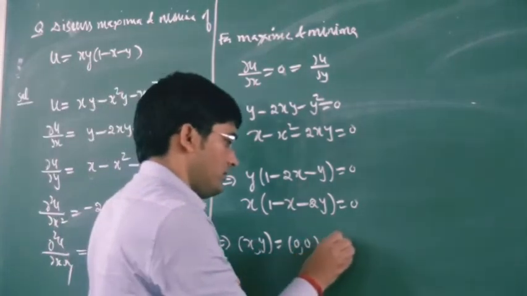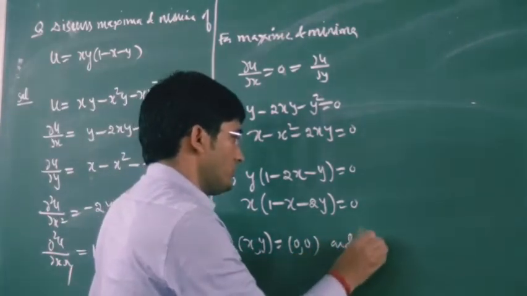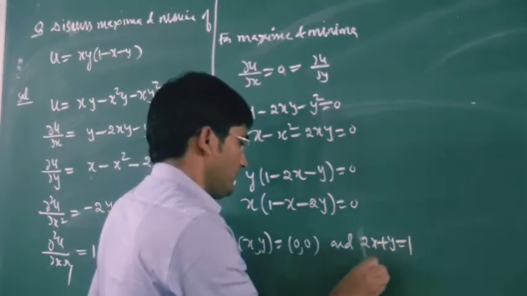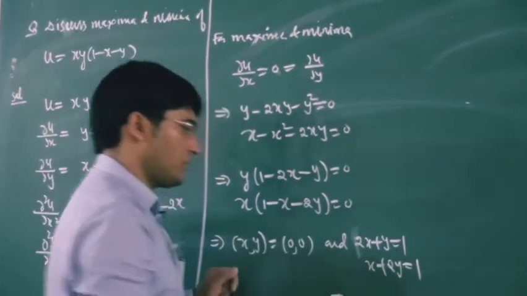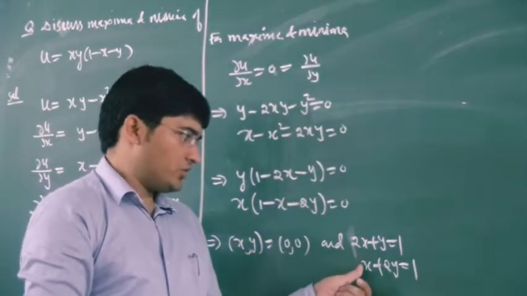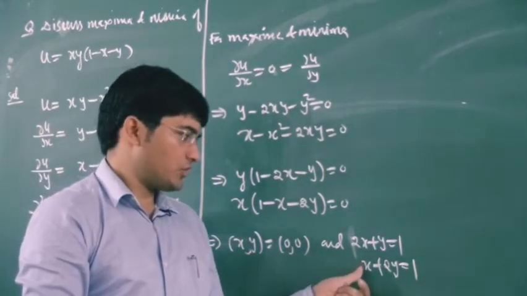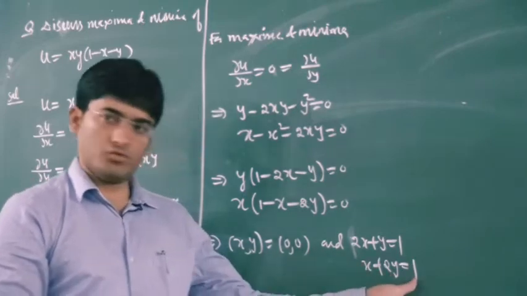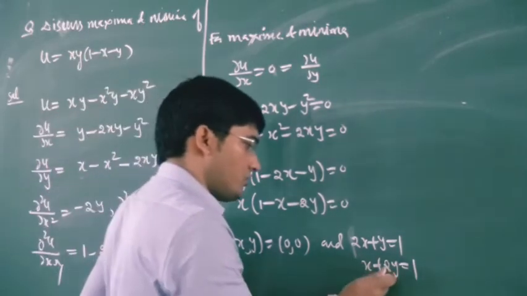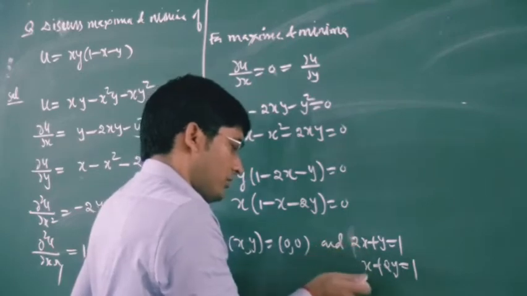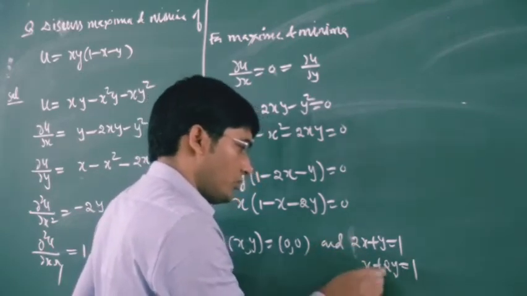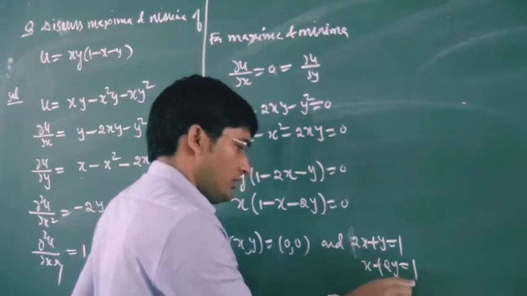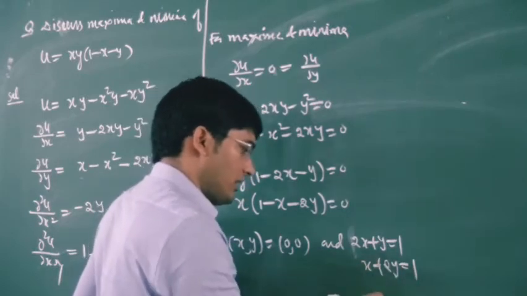And let us solve these two equations, 2x plus y equal to 1 and x plus 2y equal to 1. So on solving, multiply the second equation by 2, so this will be 2x plus 4y equal to 2. On subtracting the first equation from this, we will have 4y minus y, that means 3y, and the right hand side will be 2 minus 1, that will be 1.